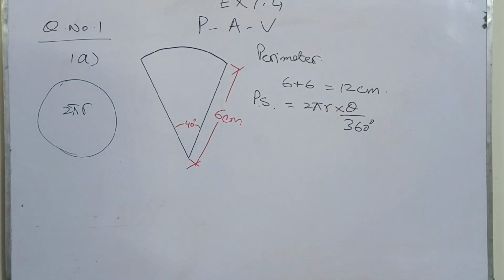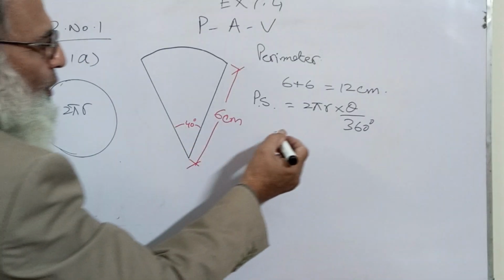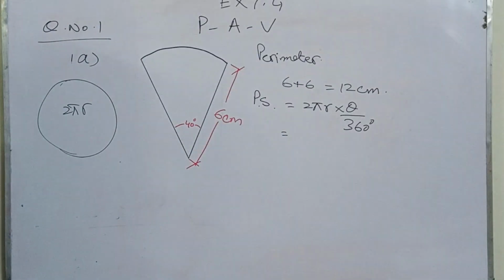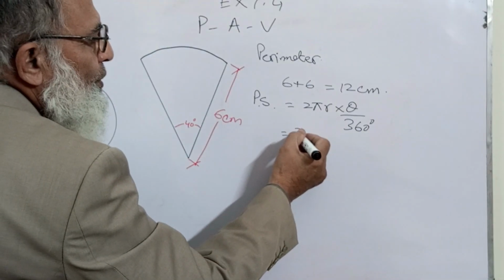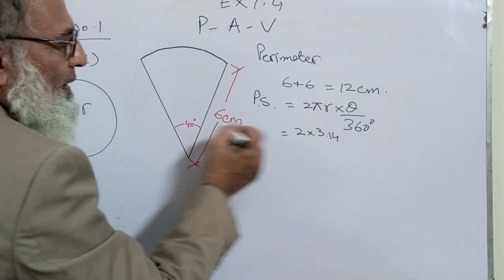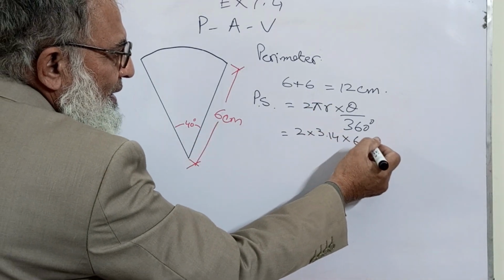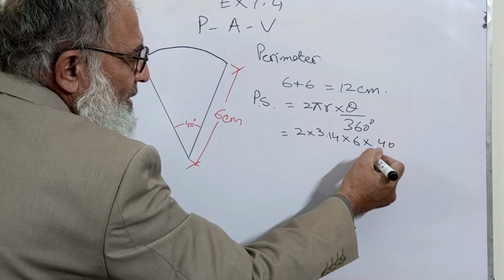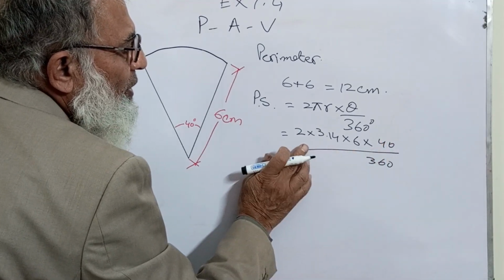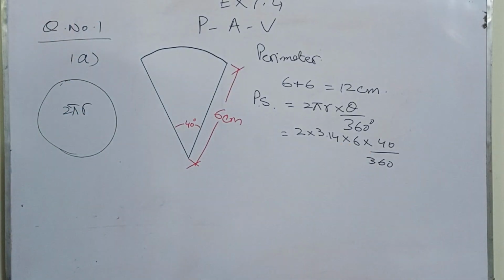So we know the value of radius. It is 2, and 3.14 is for pi, radius is 6 and theta is 40, and this will be divided by 360.